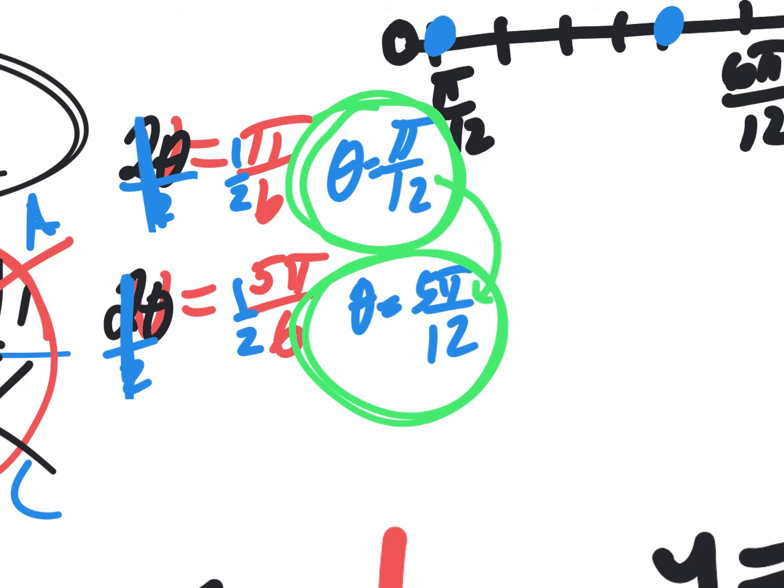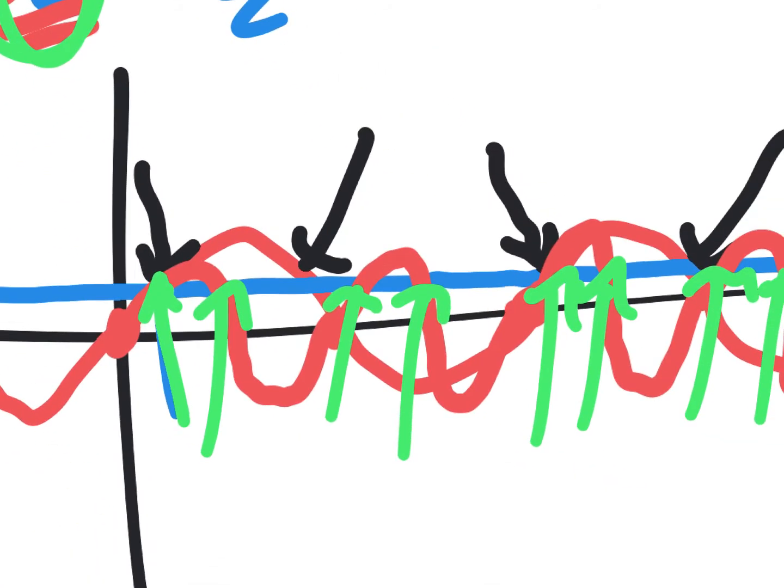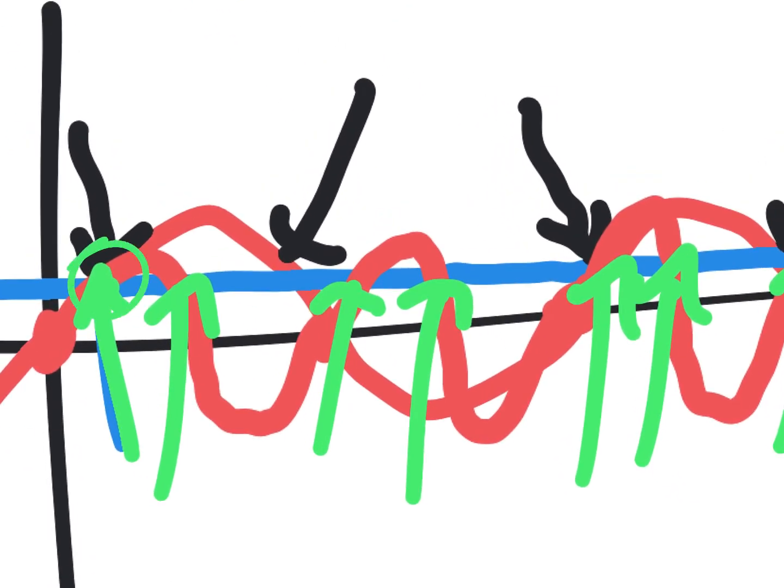I wish it was as simple as being able to just say, we'll just keep adding 4 pi over 12 over and over and over again. But see, the problem is, if you look back at these, you get 2 answers and then you have to wait quite a while. And then you get two more answers, and then you have to wait quite a while. And you get two more answers. So it's not like they're always exactly the same distance apart.